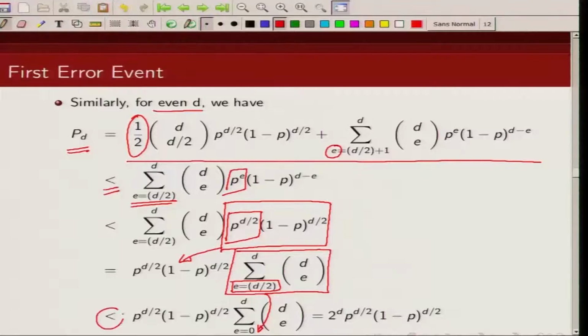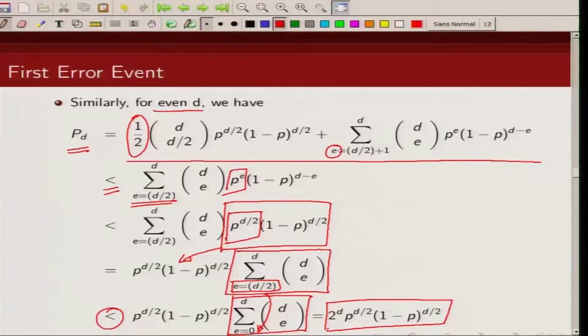Again, then I am upper bounding it, because I am adding additional terms here. So, this quantity will be less than this quantity, and finally, this is 2 raised to power d. So, I get my expression for first event error probability for d being odd given by this expression.